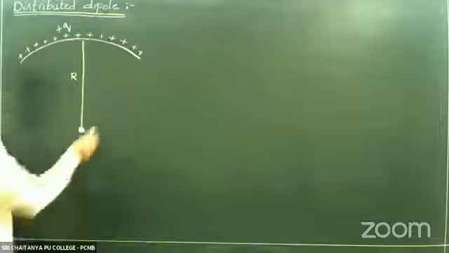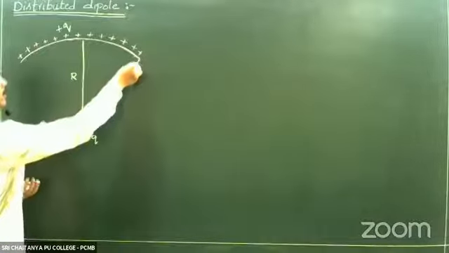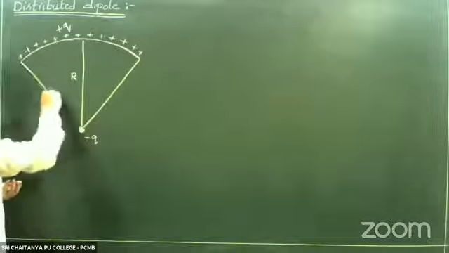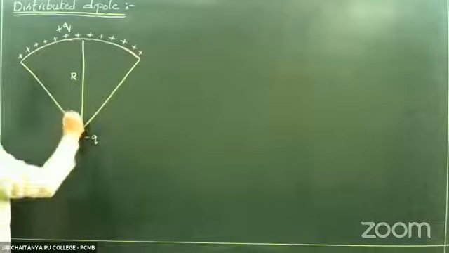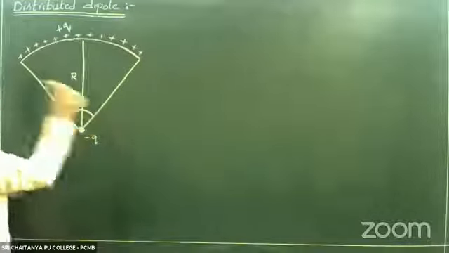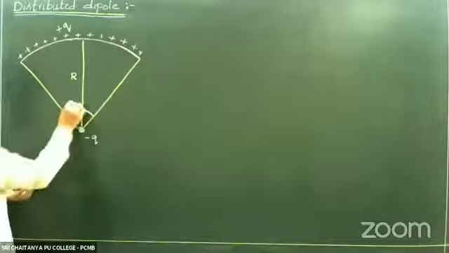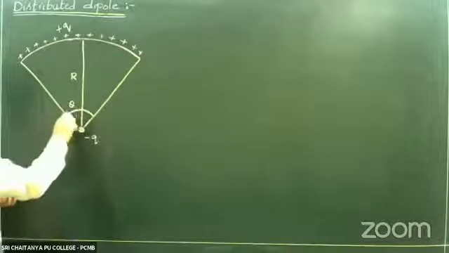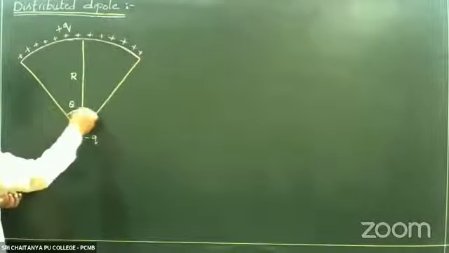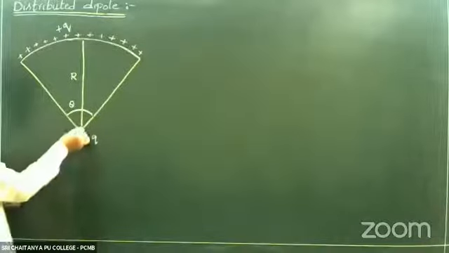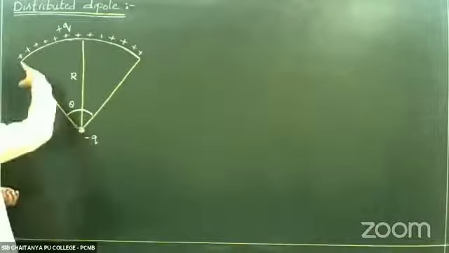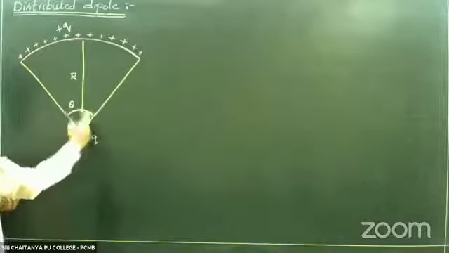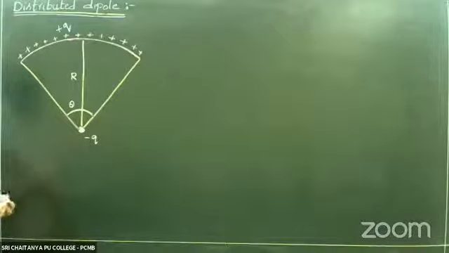And this arc is making a total angle theta. The negative charge comes to the center of this arc, so this arc makes an angle theta at this point, right?